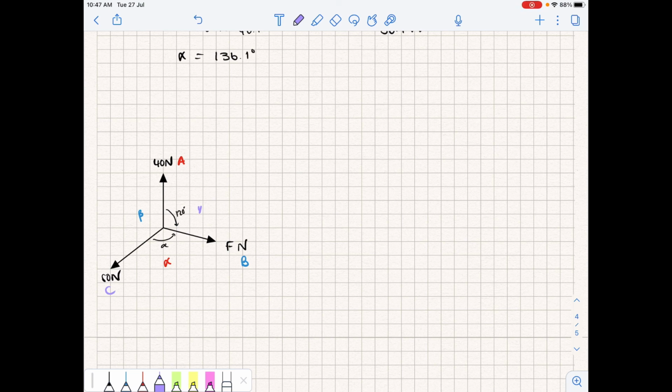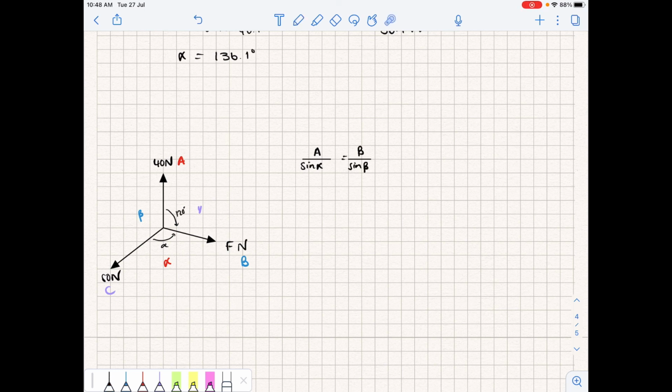Okay? So if we have a look at Lami's theorem, it says that if we take side A over the sine of the angle opposite from it, that's the angle created by the two other forces, that's equal to B over sine beta.